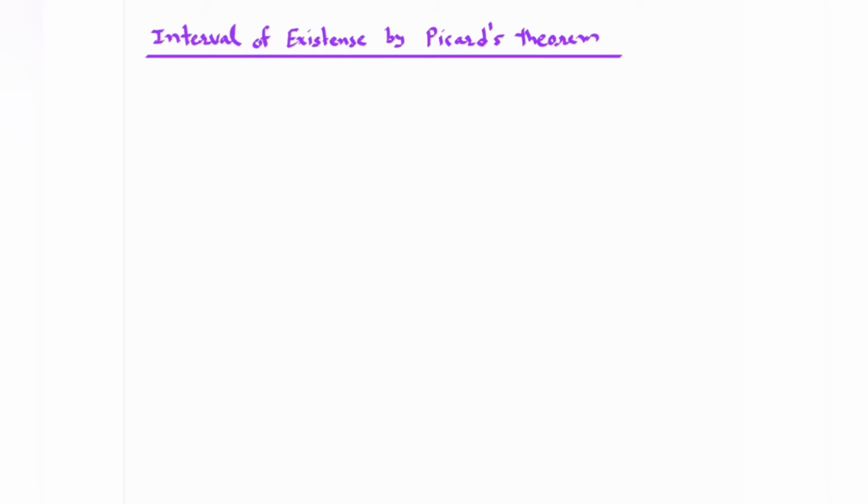In today's video, we are taking it a step further to discuss the concept of the maximum interval of existence using Picard's successive approximation theorem. We will analyze previous year questions to understand how to determine the largest interval on which a solution to a given differential equation with initial condition exists by applying Picard's approach.